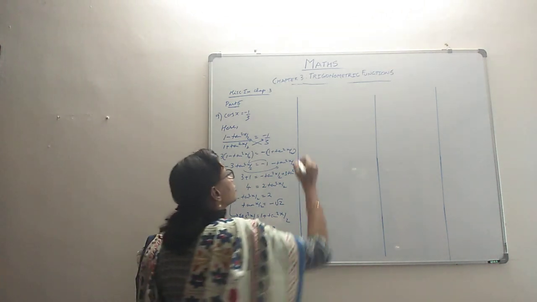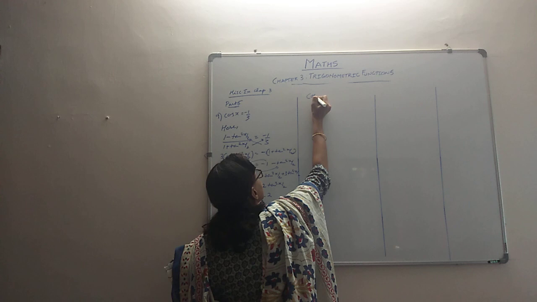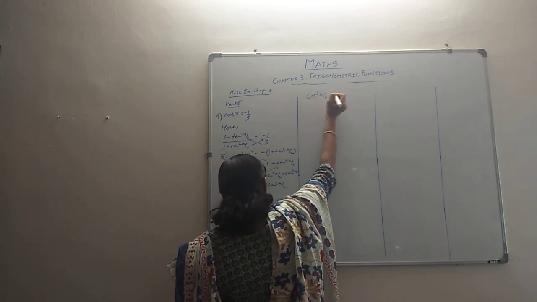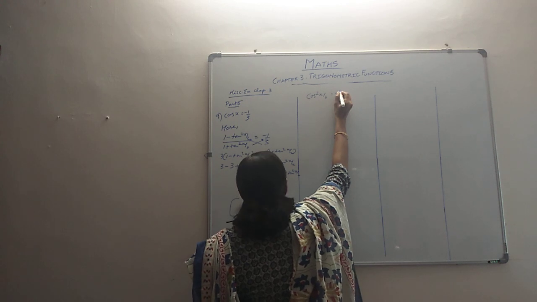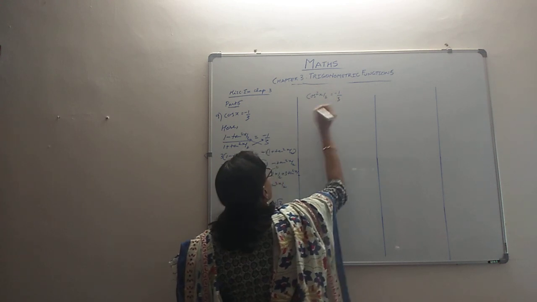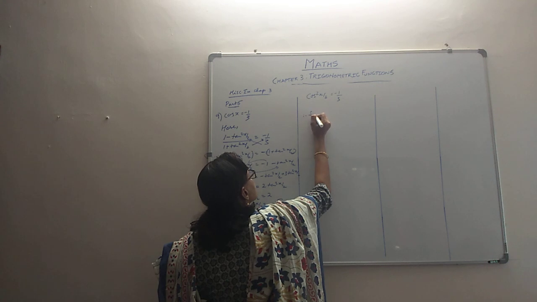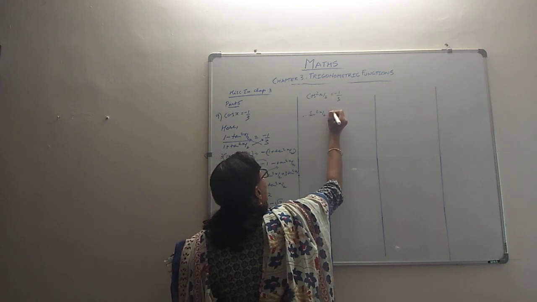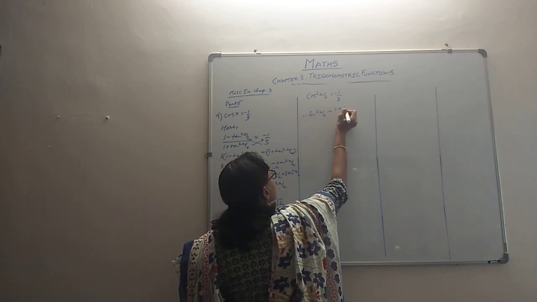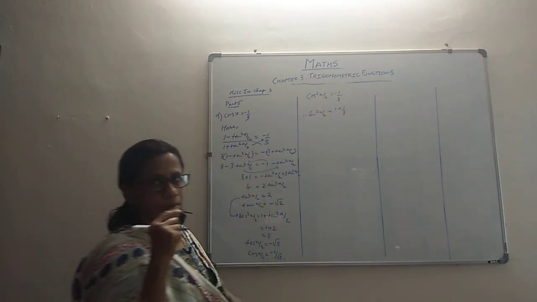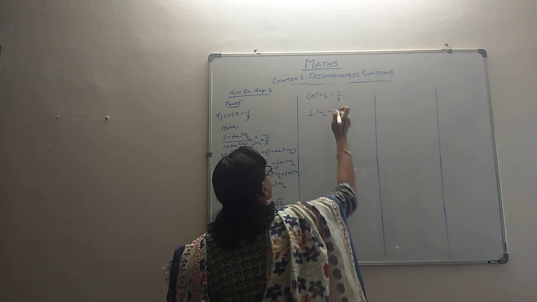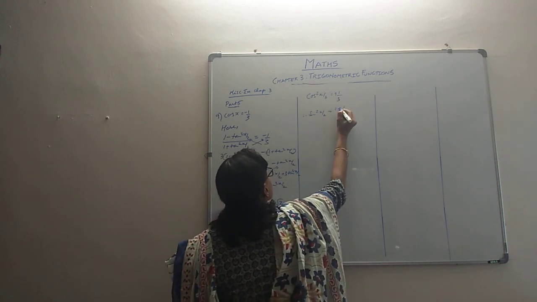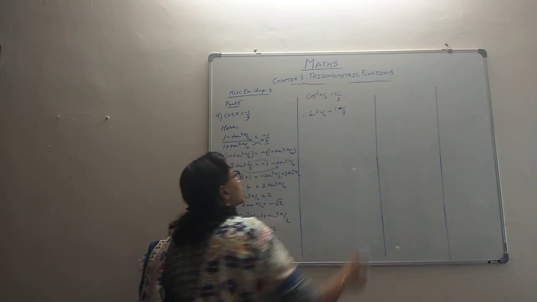Having got this, you can get the sin squared value. So cos squared x by 2 is basically going to be 1 by 3, and therefore sin squared x by 2 is 1 minus cos squared x by 2. Because it's a square it will be positive, so it will be 1 minus 1 by 3.